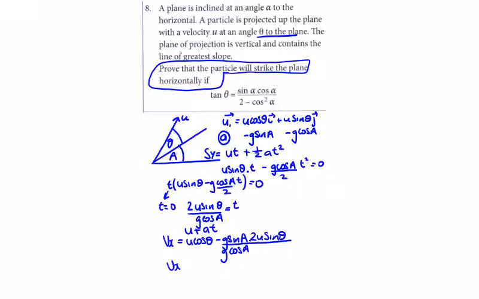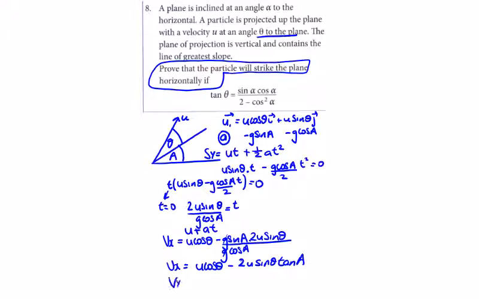So the velocity of x becomes u cos theta, the g's cancel, sine alpha over cos alpha is tan alpha, and I have 2u sine theta tan alpha for the velocity in the x direction.